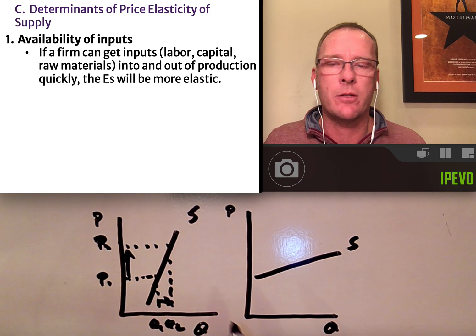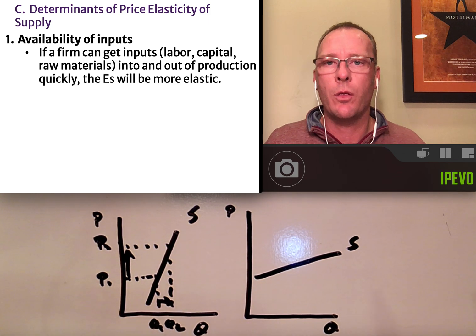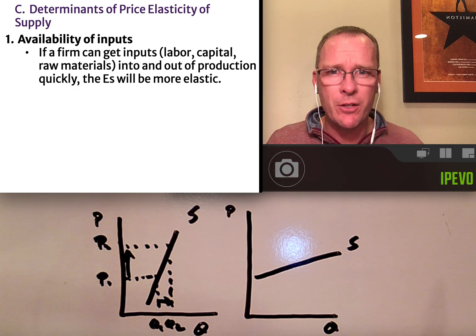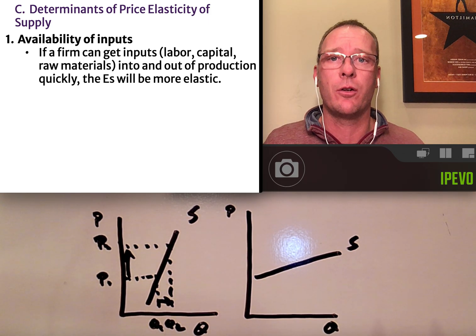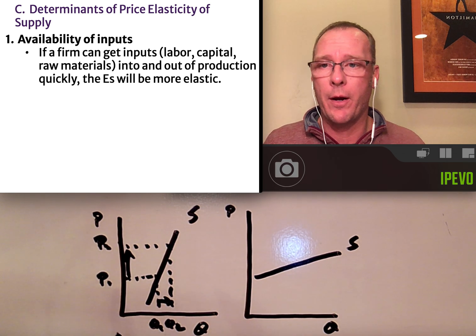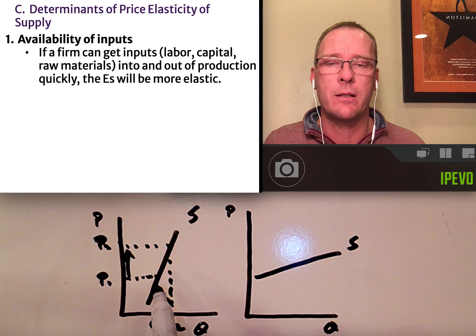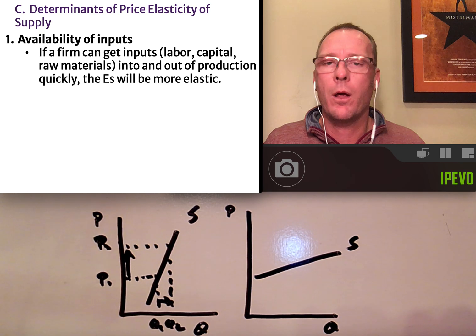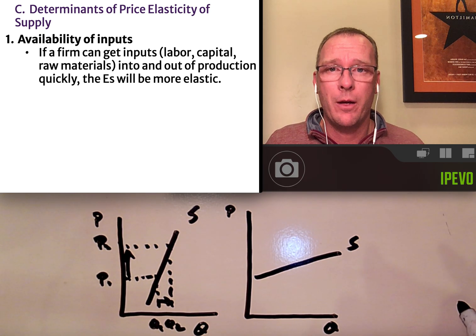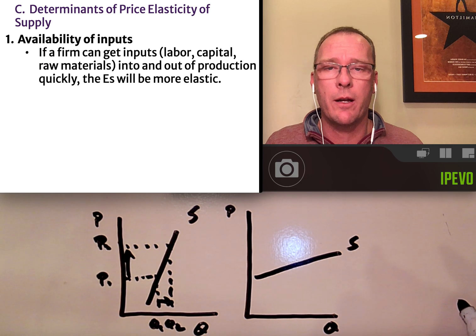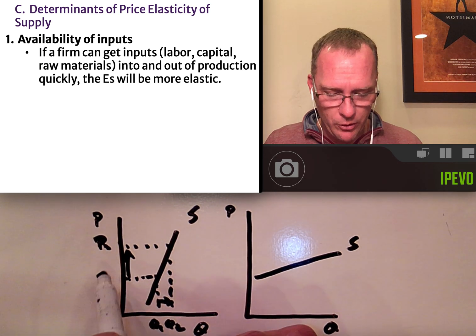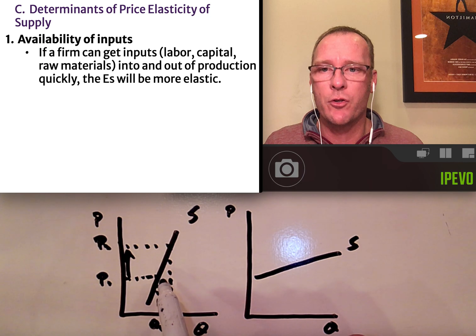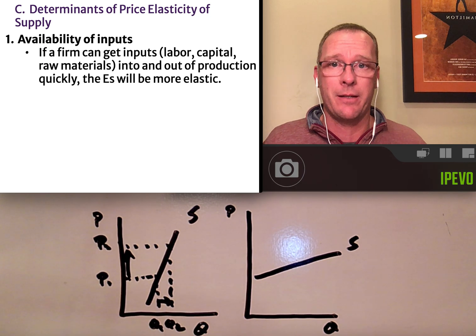Labor in this case is a really good one, because if you think about labor, if you can't get a person to provide the good or service, even though that price might be jacked way up, you don't have enough people physically to do the work, so you can't supply more. Like a plumber, you can jack the price up on plumbing, but if there's no plumbers, it doesn't matter, right?